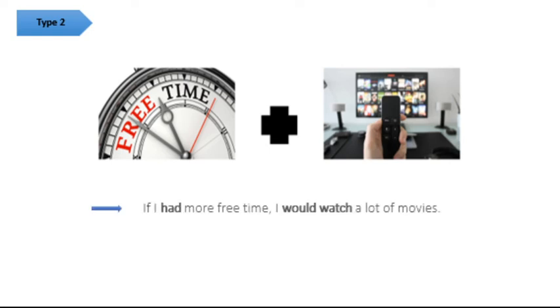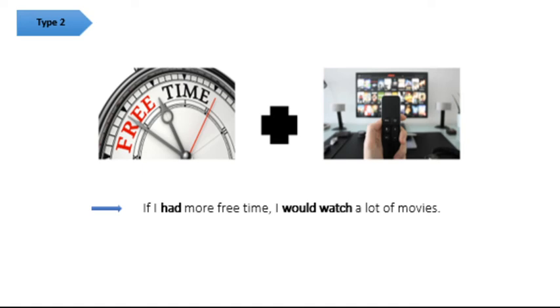So, if I had more free time, I would watch a lot of movies. Okay, so what does that mean? It means that I don't have more free time now, and I am not free now. But I wish I had more free time to be able to watch a lot of movies. Okay, so do I have more free time now? No, I don't. Okay, I wish I had more free time.